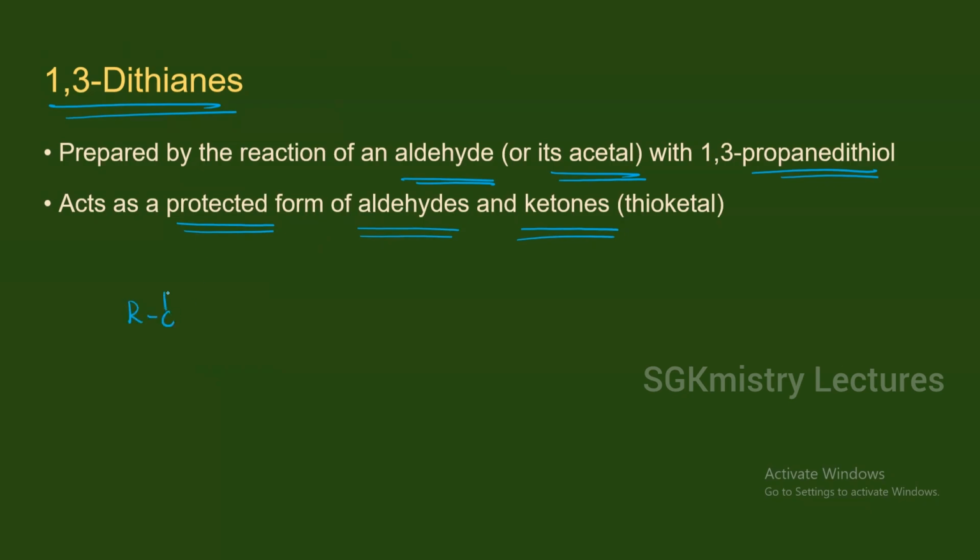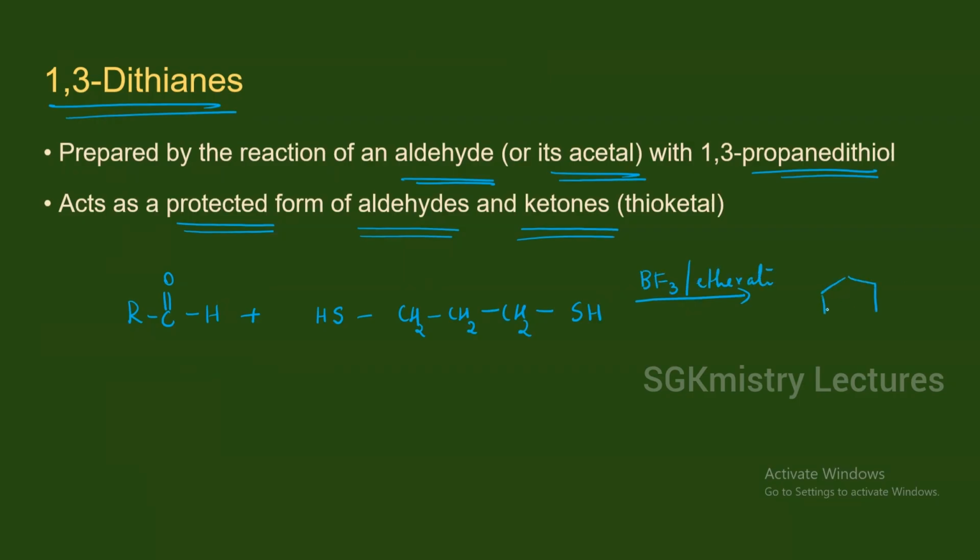So RCHO, an aldehyde. We are going to treat it with 1,3-propane dithiol. Thiol has an SH group, propane has 3 carbon atoms, dithiol has 2 SH groups, one on either side. Then BF3 etherate.